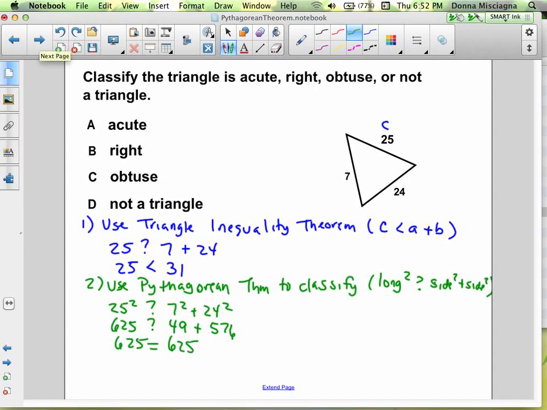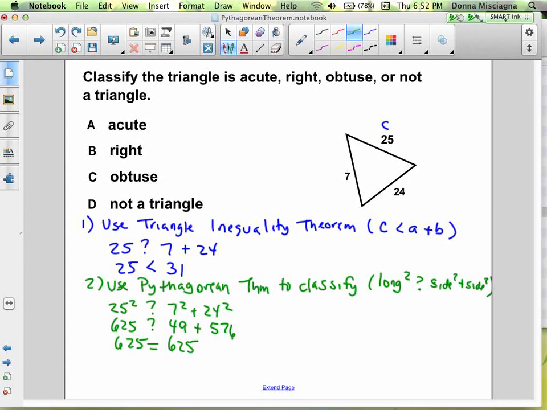If you might have remembered from the previous video on Pythagorean triples that 7, 24, 25 was a Pythagorean triple, then you could also justify it that way. For this lesson, I would like you to use the Pythagorean theorem to justify.